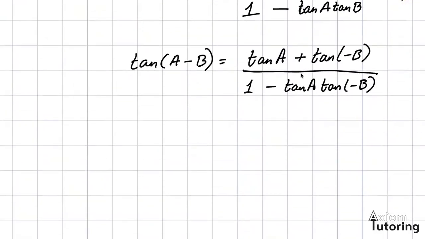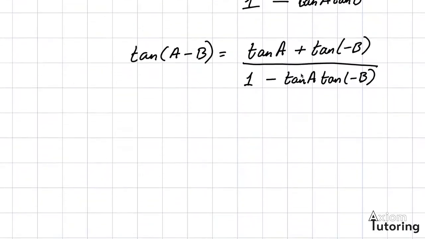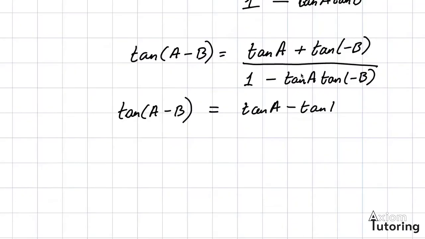Okay, so we can now rewrite the right-hand side of tan A minus B as tan A minus tan B over 1 minus tan A, and then we're multiplying by minus tan of B. So we've got a negative multiplied by a negative, that's a positive.